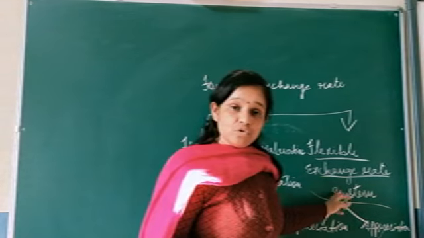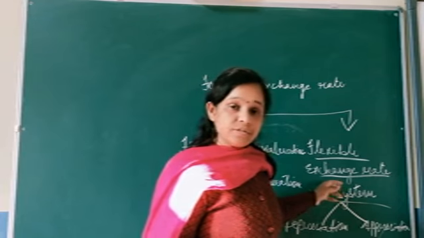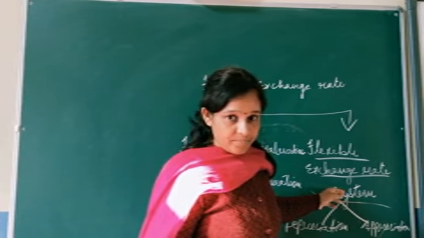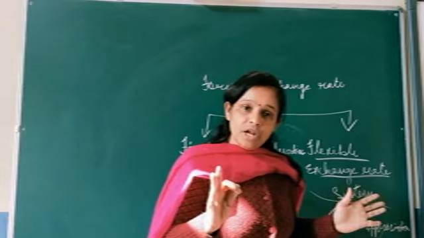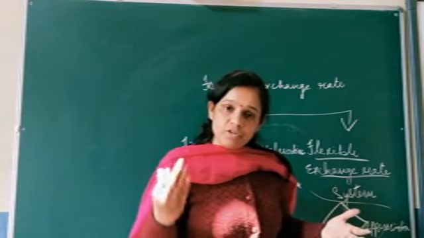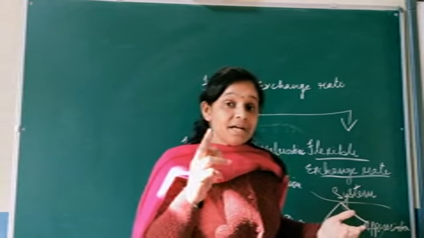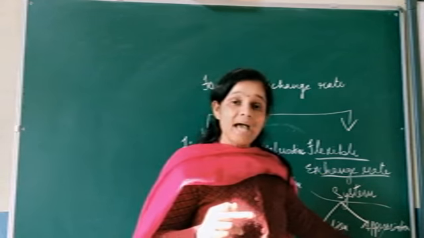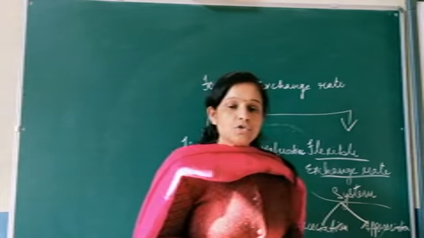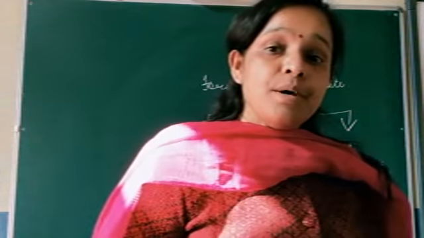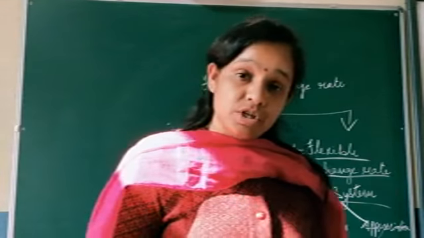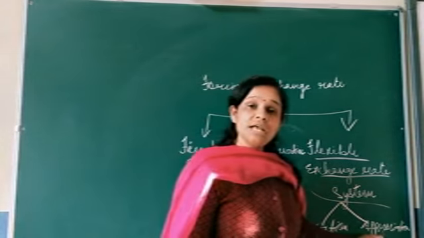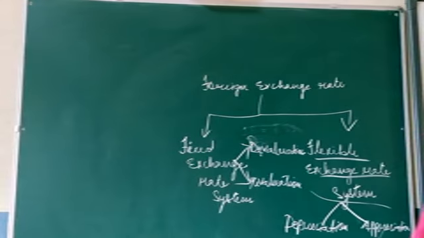Flexible exchange rate system is the system where the rate of exchange is determined by the two market forces, demand and supply, and the central bank allows the rate of exchange to adjust itself with the changes in demand and supply. The concepts determined under flexible exchange rate system are called depreciation and appreciation. Is it clear? So the next topic we will study is the meaning of all the four. What is depreciation? What is devaluation? What is revaluation? And what is appreciation? That we need to study next.